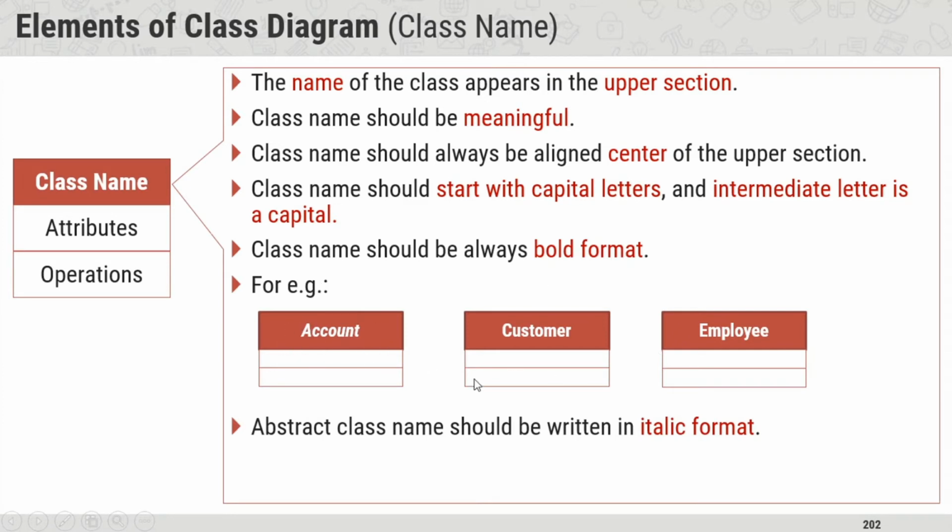If you have an abstract class, in which you do not have code for the functions, you will write the name of that class in italic format. And if you have a normal class, you will write the simple name without any italic format.